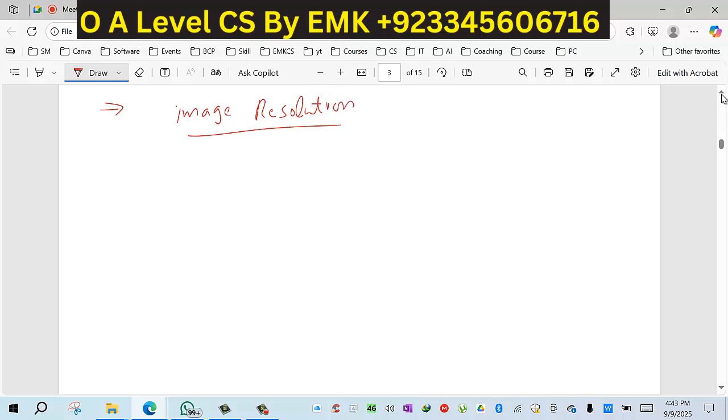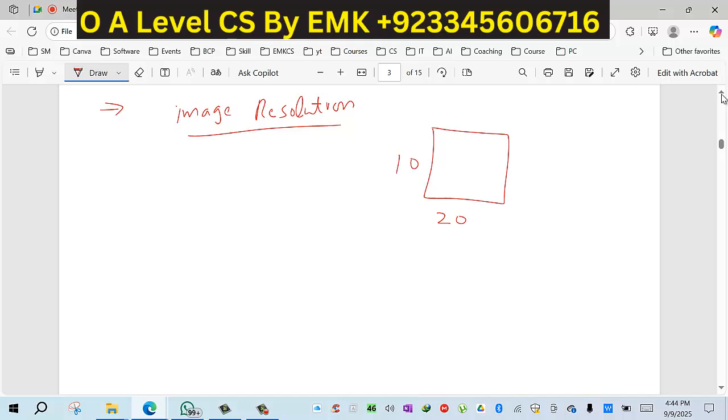Image resolution is what? Number of pixel in bitmap image. So we can say, let's suppose if we have this image and this image is a 20 pixel width, and height is a 10.